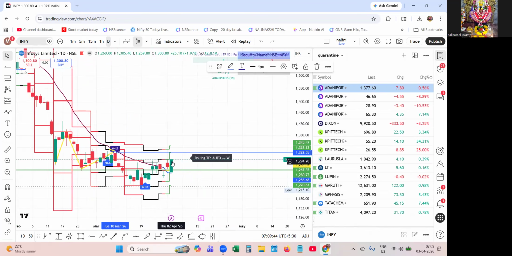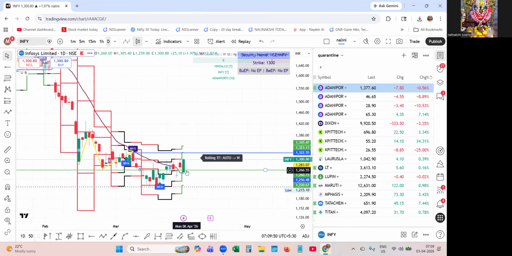Still it is lower high. This is the first day it is giving 6-hour buy and continuation. From 1264, it has come up and closed around 1,300.